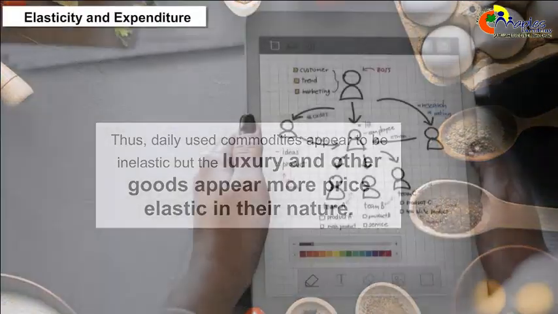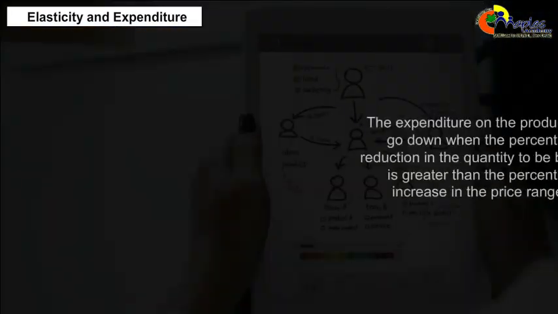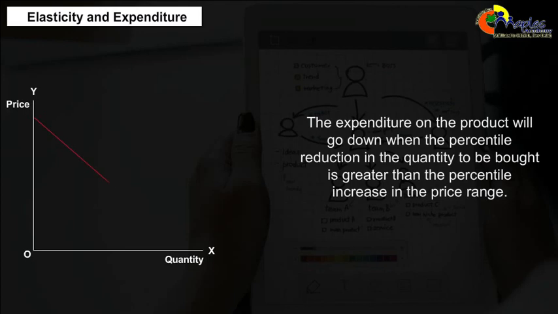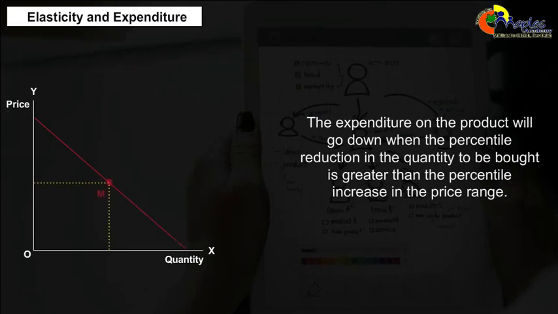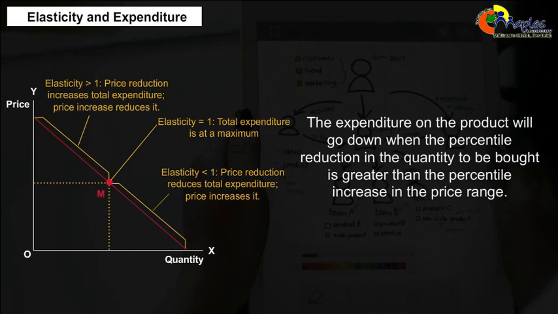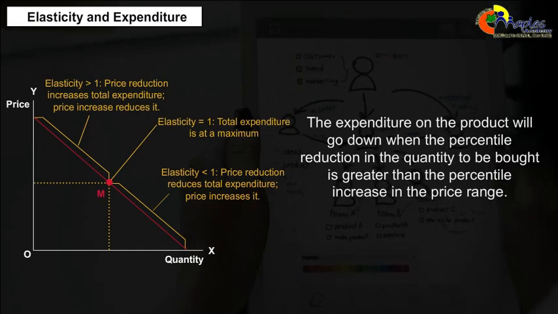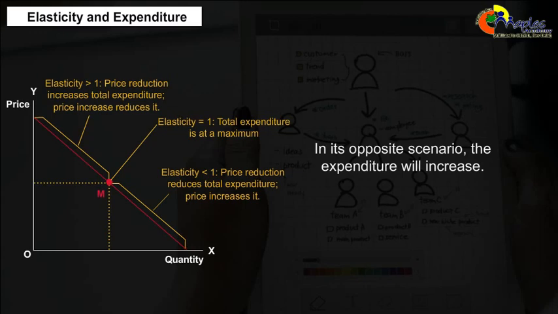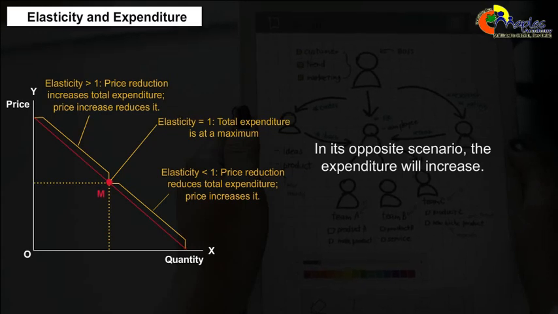Elasticity and expenditure. The expenditure on the product will go down when the percentage reduction in the quantity bought is greater than the percentage increase in the price. In the opposite scenario, the expenditure will increase.